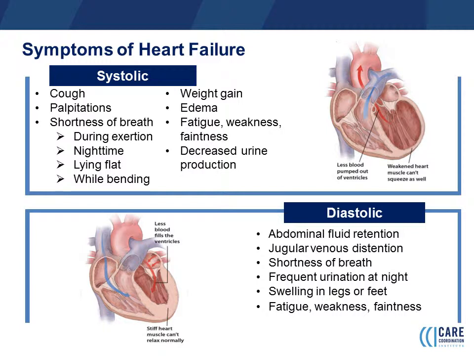If the patient's right ventricle is damaged due to diastolic or systolic heart failure, the blood will back up into the body, leading to symptoms such as abdominal fluid retention or ascites, jugular venous distension, which is demonstrated by pronounced neck veins, shortness of breath, frequent urination at night, swelling in the legs or feet, fatigue, weakness, and faintness. Again, all this is related to which direction the blood is backing up from the damaged ventricle. In this case, it is the right ventricle.